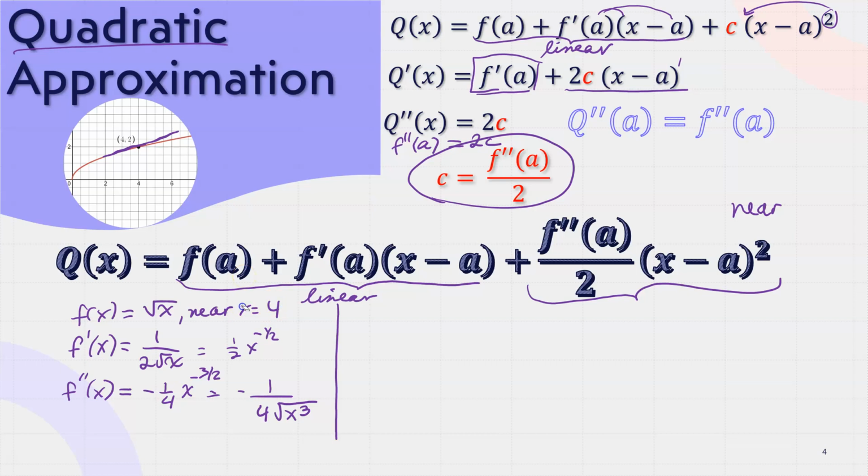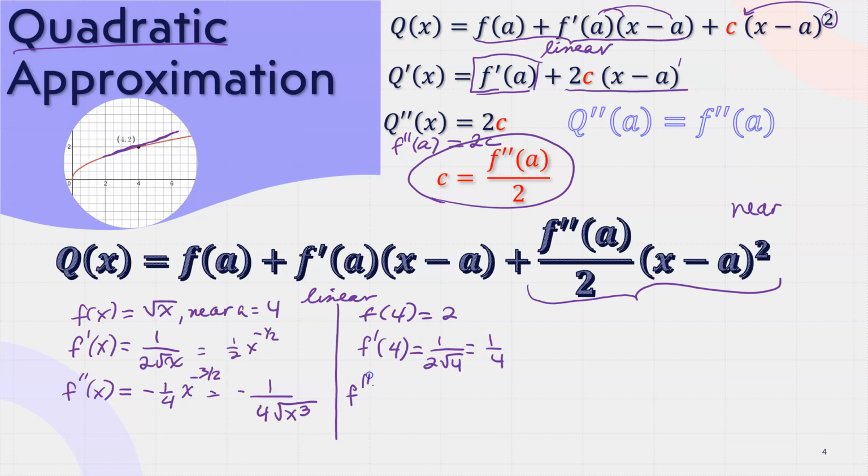Near a equals 4. So then f of 4 we know is 2. f prime of 4 is 1 over 2 square root of 4, which is 1 over 4.